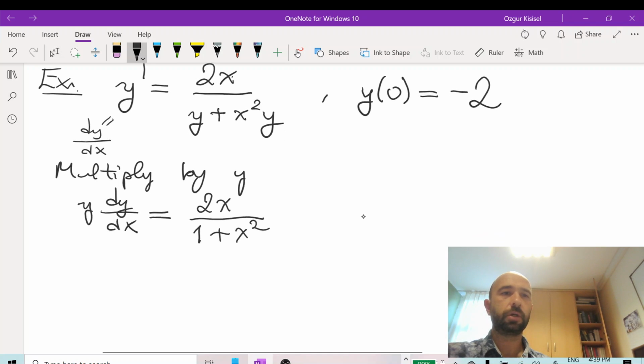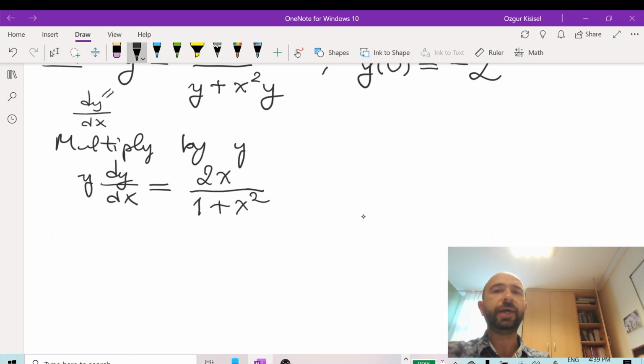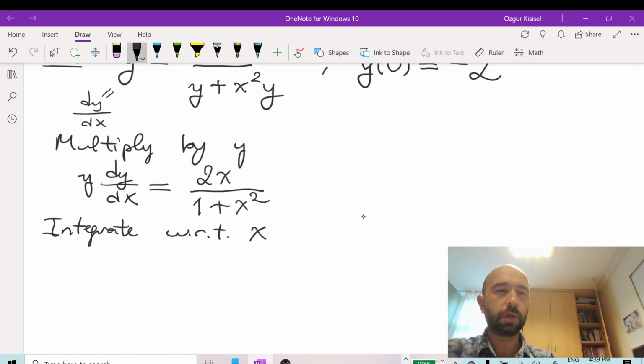Now it's much more clear that it's separable. Then integrate with respect to x. And for the reason we discussed before, the left-hand side simplifies to the integral of y dy, and the right-hand side is this integral.